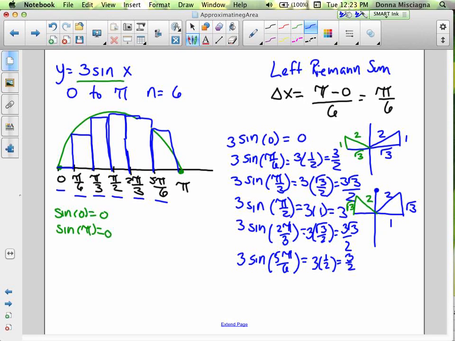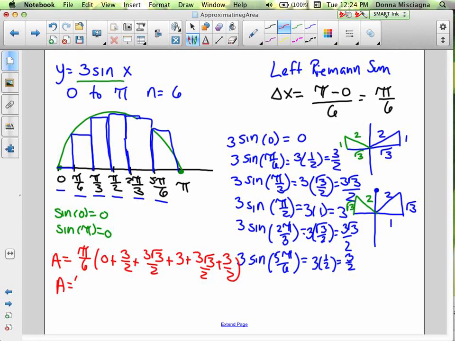All right, so now our area is going to be our change in x, which was pi over 6, times 0 plus 3/2 plus 3 square roots of 3 over 2 plus 3 plus 3 square roots of 3 over 2 plus 3/2. Let's see what we can add here.